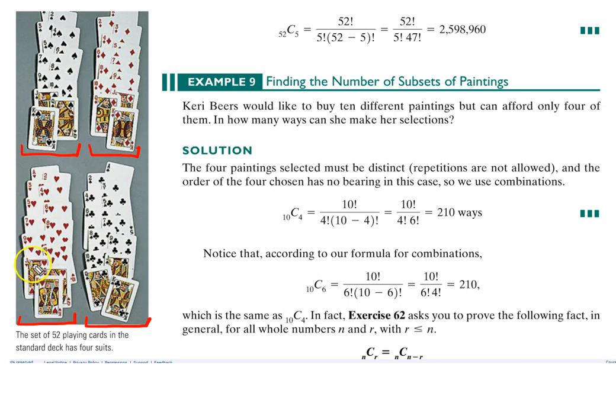Face cards would be the jack, the queen, and the king. And we find this array in each of the suits. And there's 13 cards in each suit. So there are 3 of these cards that are face cards. So in a deck, there would be 12 face cards.